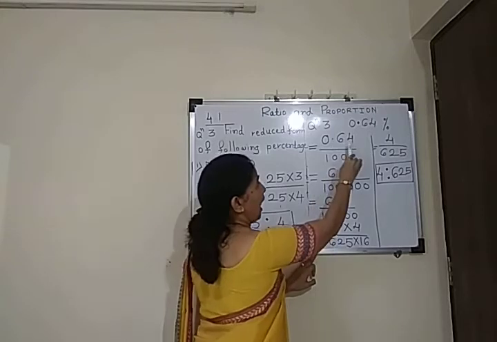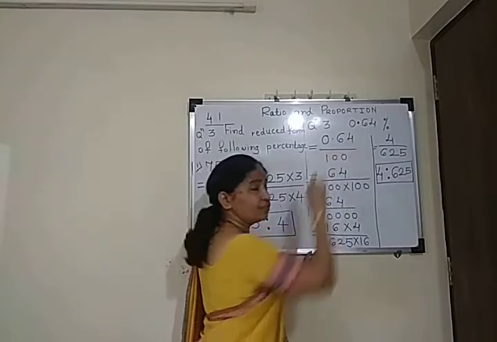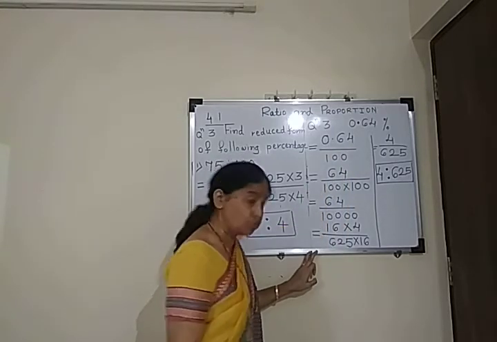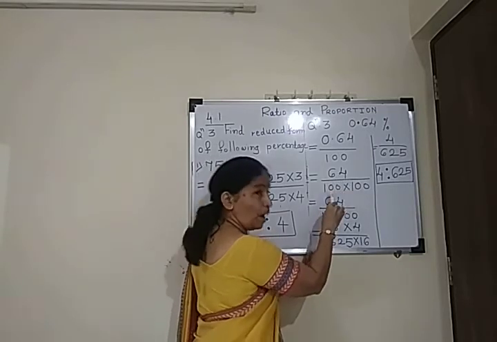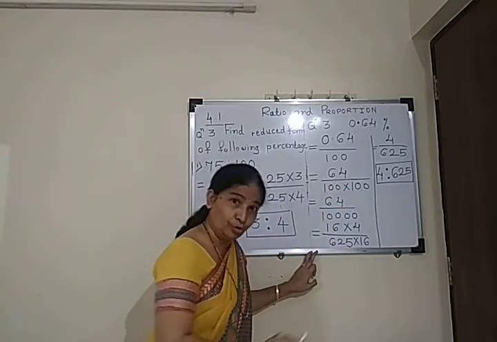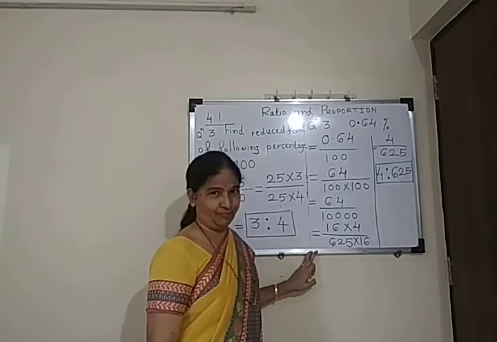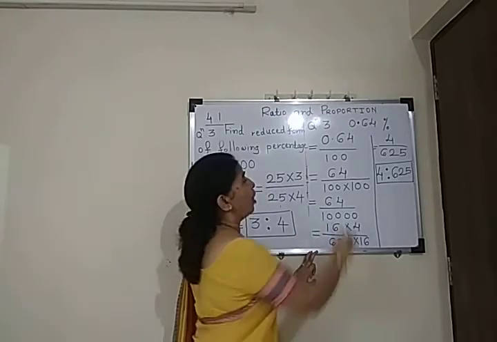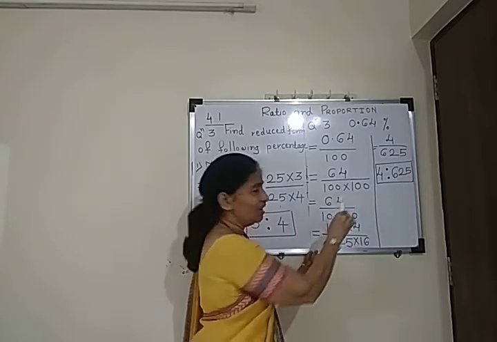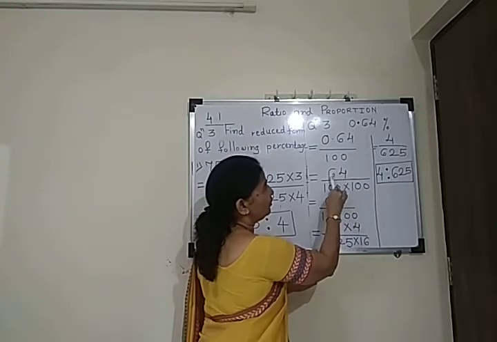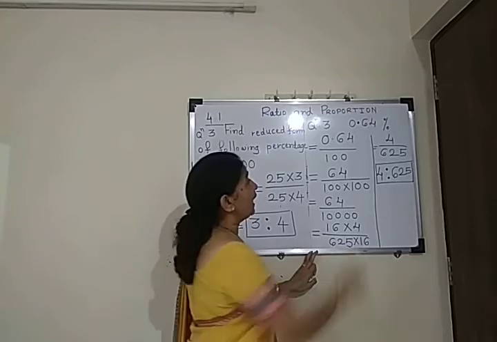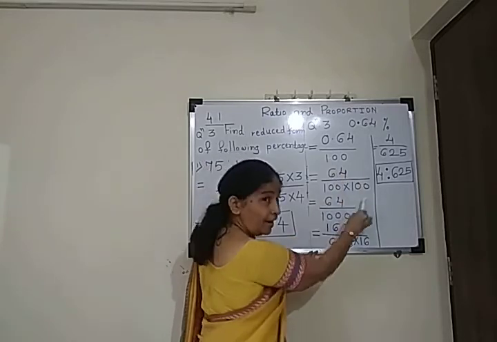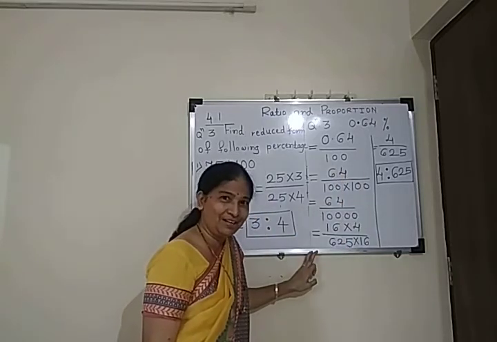0.64 was there, no? So I took it as 64 upon 100 to make it simple. For that I counted 1, 2, so I kept 2 zeros. Then this 100 as it is in the denominator.